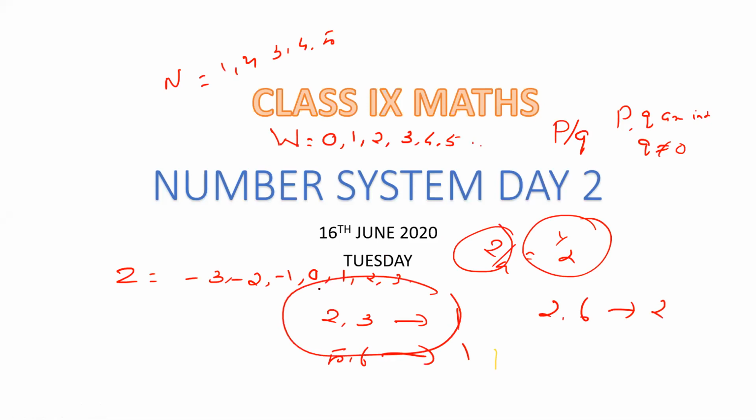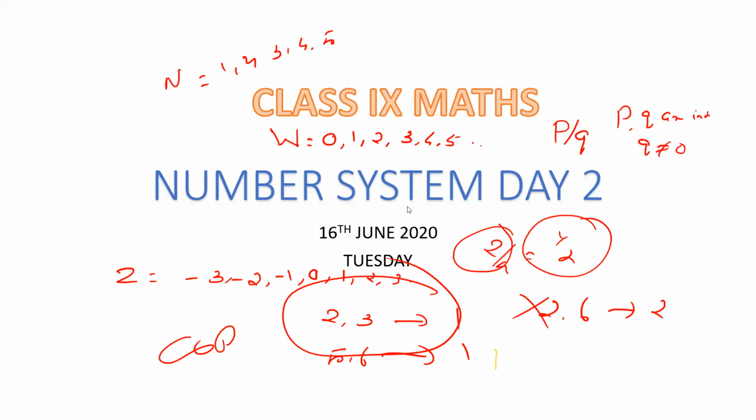So the first ones are co-prime, but 2 and 6 are not co-prime because the common factor is 2. You might have studied about HCF in class 6, 7. So if the HCF of two numbers is 1, then we will call it co-prime.